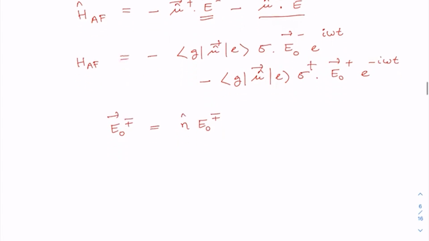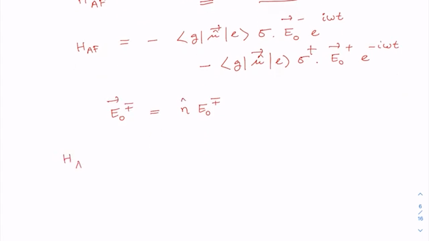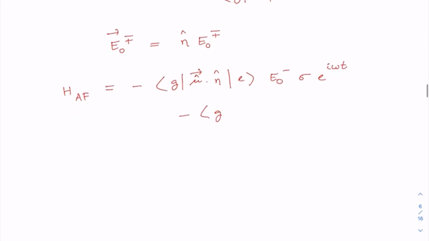Using this I can write the atom field interaction Hamiltonian as minus ⟨Z|μ·η cap|E⟩ E0− σ e to the power iωt minus ⟨Z|μ·η cap|E⟩ E0+ σ† e to the power minus iωt.